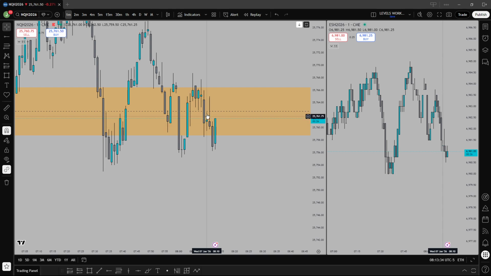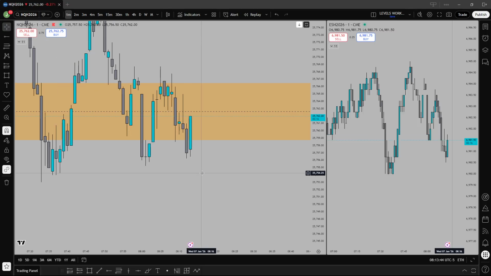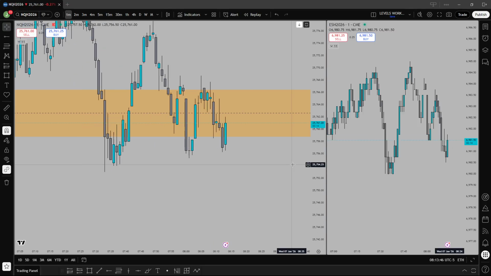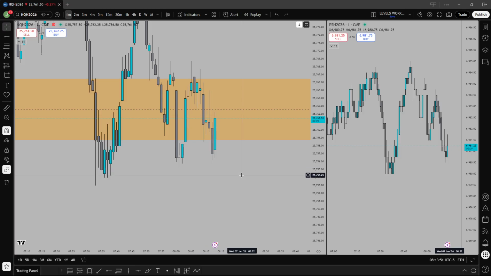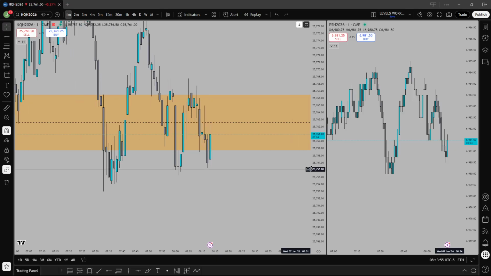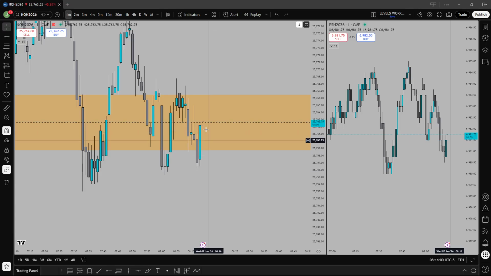I'm looking at this order block. A little problematic, but maybe because of 8:15.